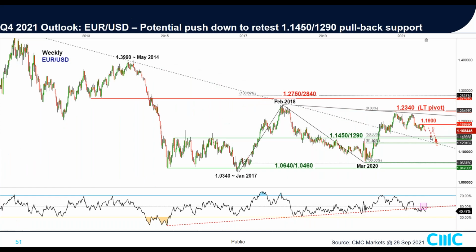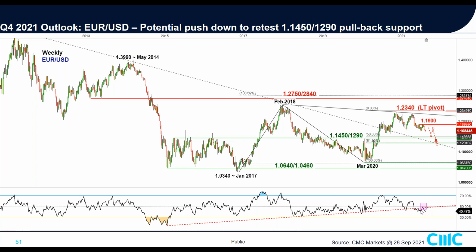So if you look at the situation right now, the key resistance is at 1.2340 for this quarter. As long as there's no weekly close above this quarter, we may start to see a slow drift down to test that former descending resistance, now a pullback support at 1450, then slash 1290, which is this level here, in fact this congestion zone.